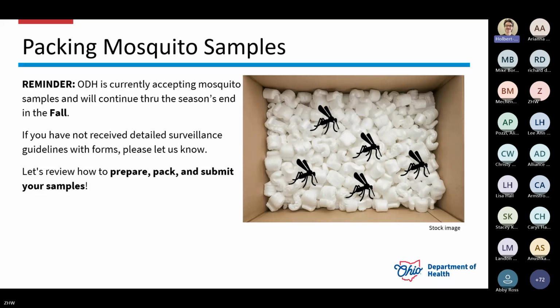And then, oh yeah, when packing the mosquitoes, please try not to have any more than 50 mosquitoes per tube. And make sure that the tubes of mosquitoes are labeled and numbered with how many tubes per trap or per location.